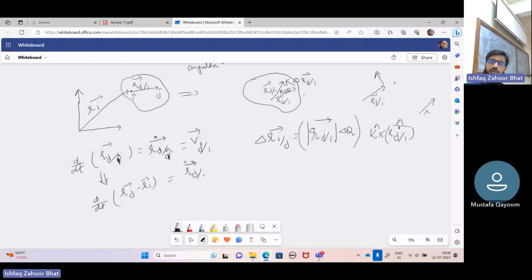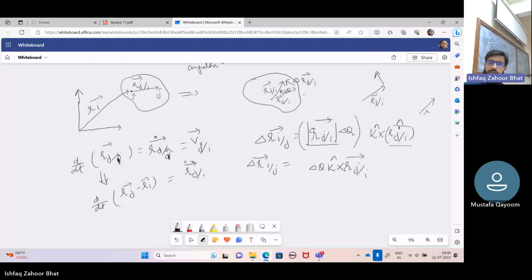That is the unit vector pointing in this r_ji direction. So this is equal to delta r_ij. Magnitude of a vector times unit vector gives us the vector itself. So this is r_ji and this is delta theta k.